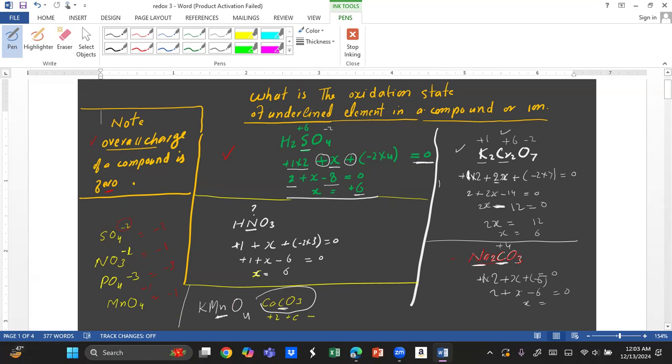Similarly, you can find the oxidation state of phosphorus in H3PO4. Find the oxidation state of phosphorus, carbon and manganese here, and then send your answers in the comment box of my channel, Chemistry with Ihsan. Hope you will be able to solve these types of questions, especially in MCQs.